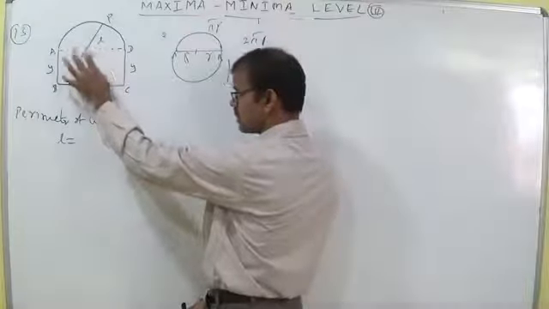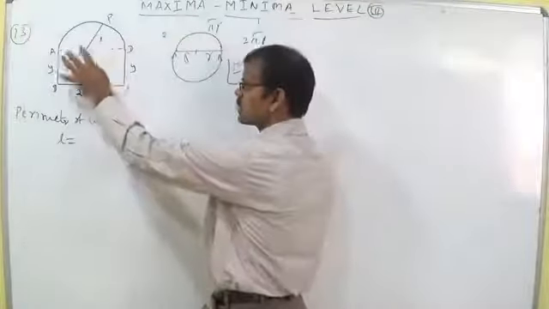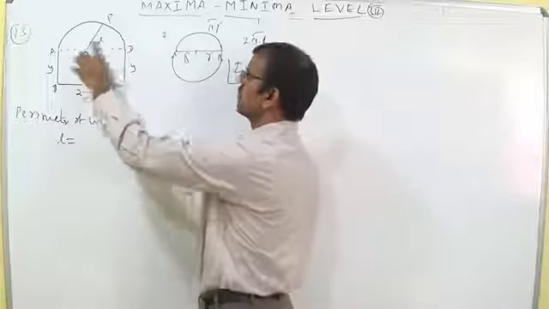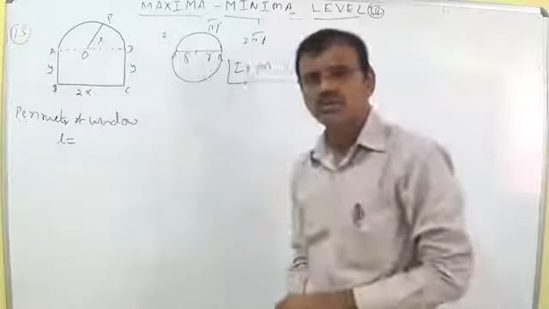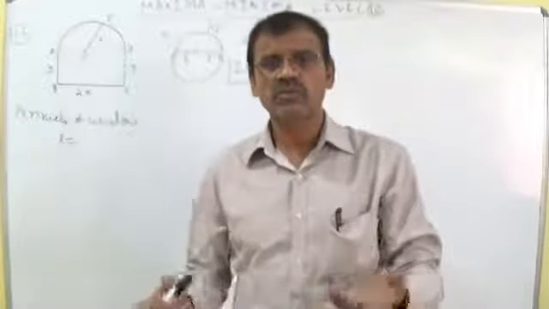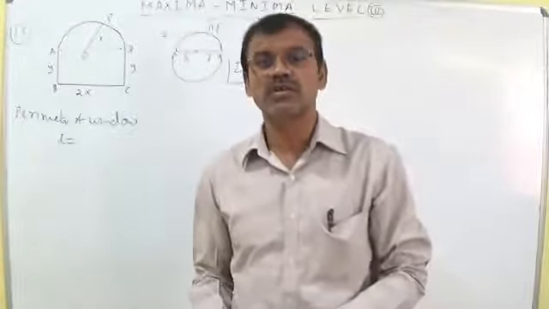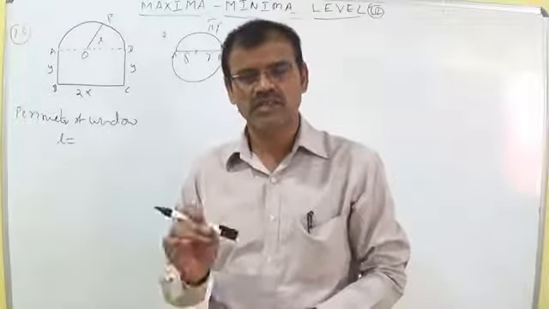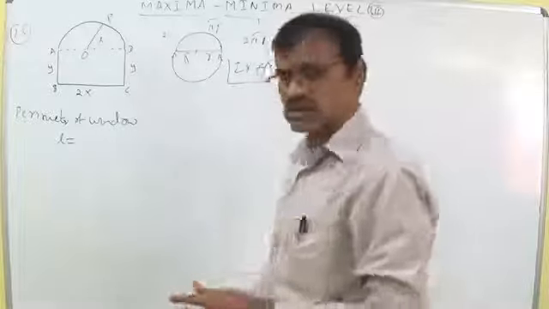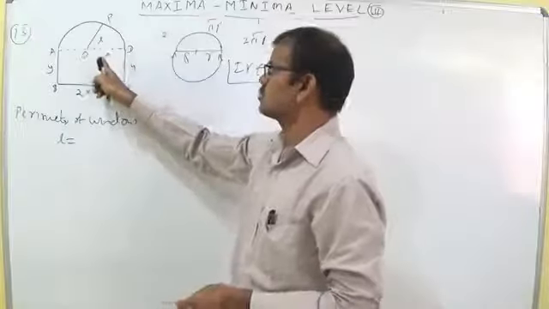That is why you should not write r plus r, I mean x plus x. That is why I indicated it with dotted lines. So only pi x you should write. Some students and some staff also used to think that perimeter of a circle is 2 pi r and perimeter of a semicircle is pi r. It is absolutely wrong. Perimeter of a semicircle is 2r plus pi r. Here 2r is not there, so don't write this one.